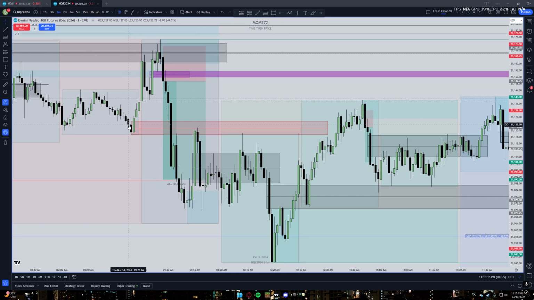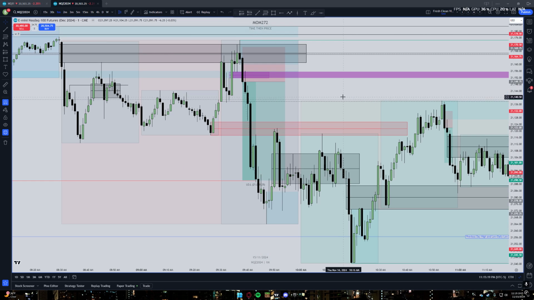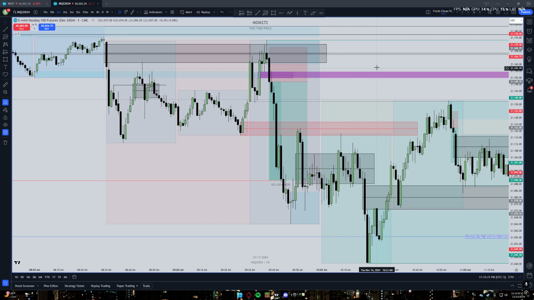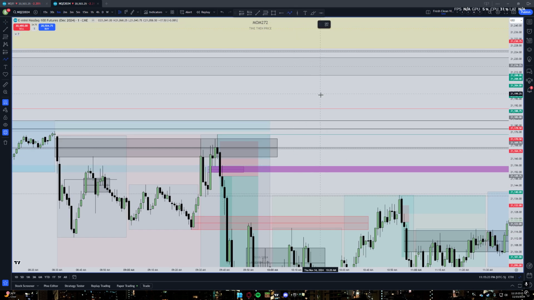So this order block, ICT calls it a breaker block. A breaker block is when it's literally when you do this. This can go wherever. This doesn't matter. This is a breaker block.